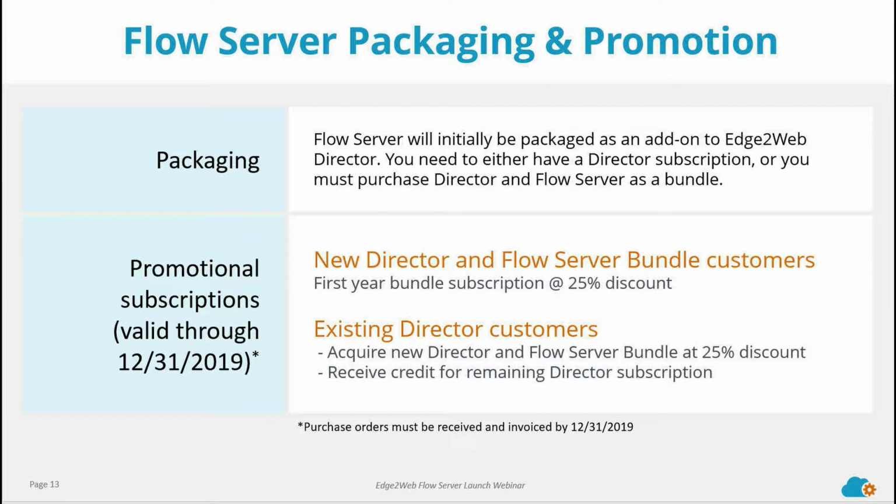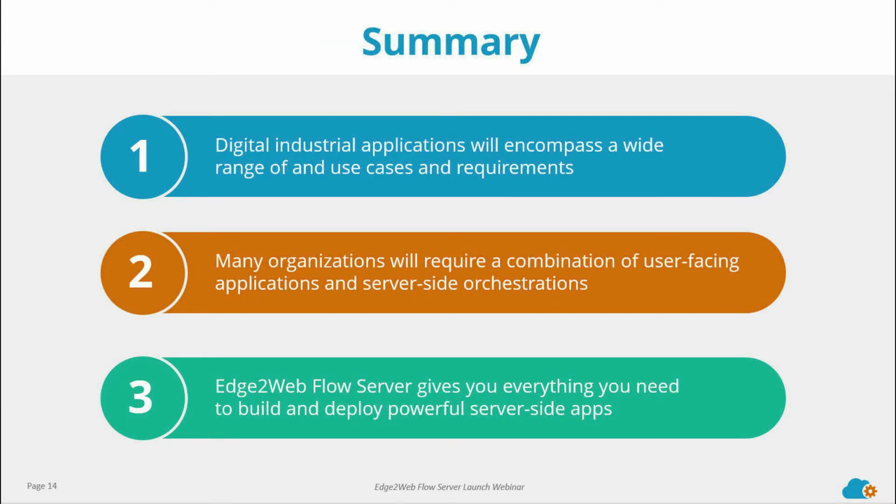So in summary, digital industrial applications will encompass a wide range of use cases and requirements. Although some organizations will begin with visual tools, they want to be able to show users the data that they're putting onto the platform. Many applications will also require server-side orchestration, and that's what FlowServer is all about.